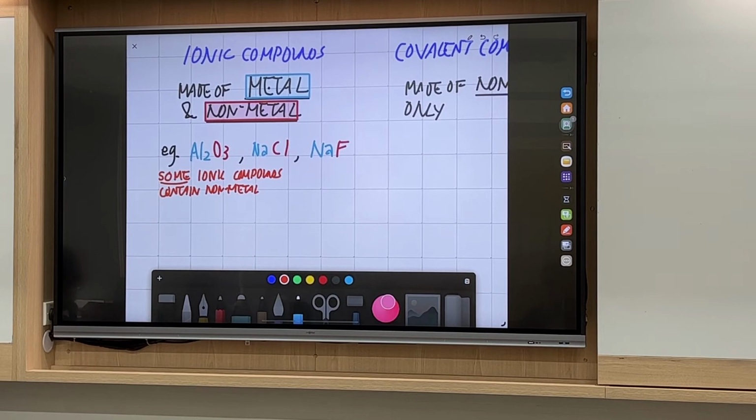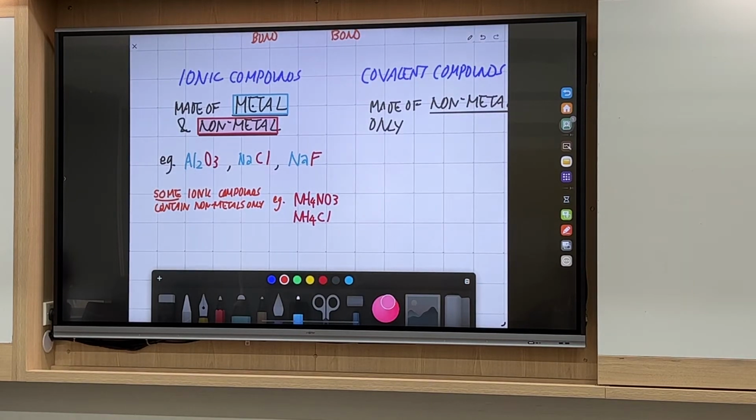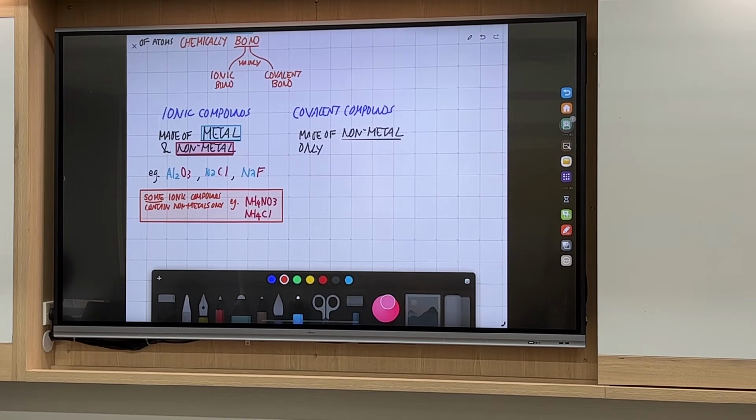Just one exception: contains non-metals only, e.g. NH4NO3, NH4Cl. These are actually ionic, but the reason why they are ionic, we'll discuss later. So just put this down on the side in the same EG box.